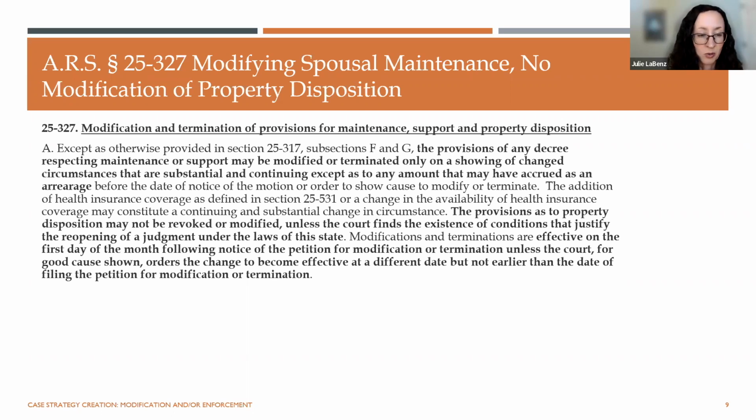Definitely consult with a lawyer if you have something going on in that regard. But overall, you're going to run into a lot of hurdles if you're looking to modify the property division provisions, because that's not allowed. But spousal maintenance, you can upon a showing of changed circumstances that are substantial and continuing. And that change can start as of the month you filed the papers if you're victorious at getting your change granted.